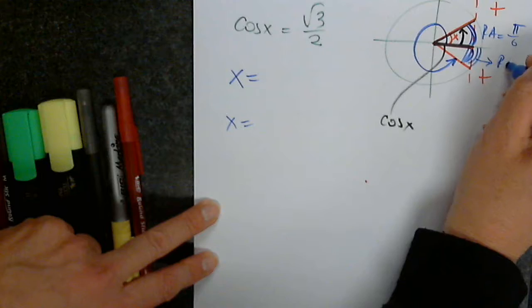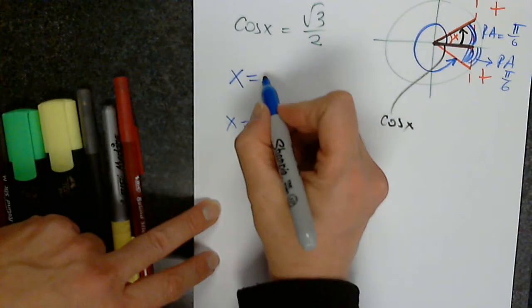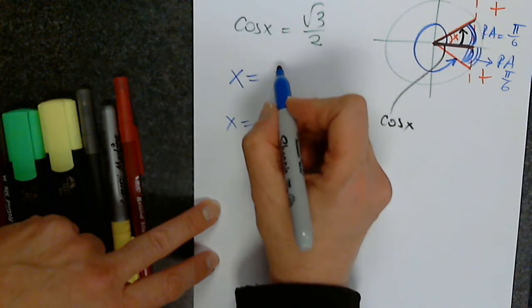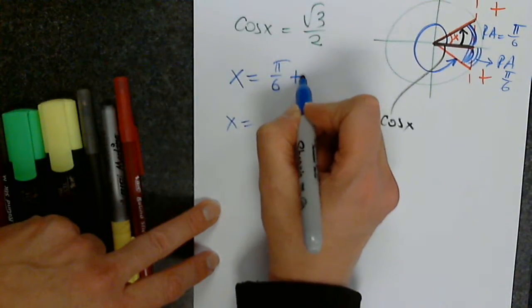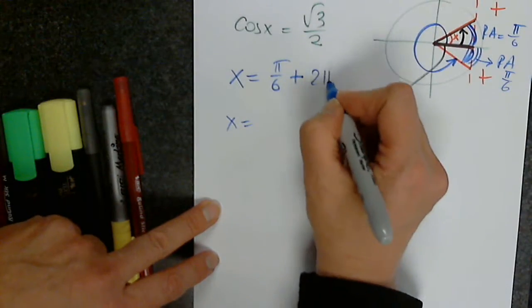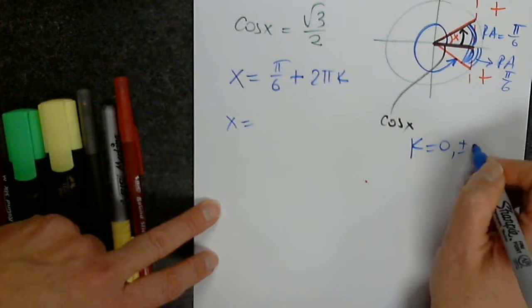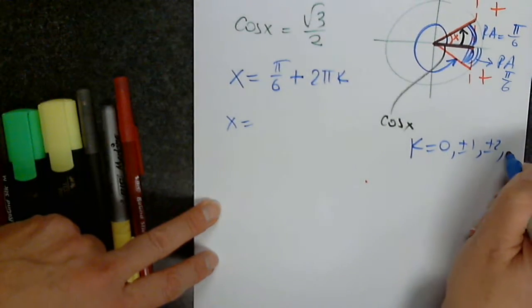So the first option is pi over 6 plus 2 pi k, any number of rotations in any direction, where k equals 0, plus or minus 1, plus or minus 2, and so on.